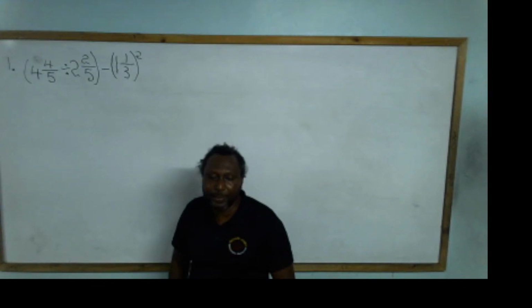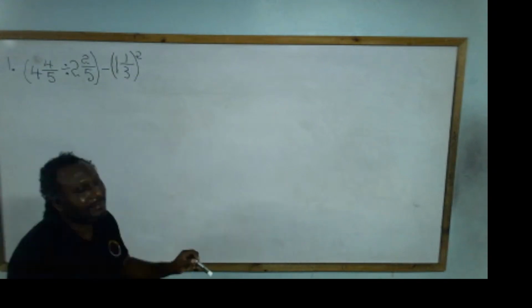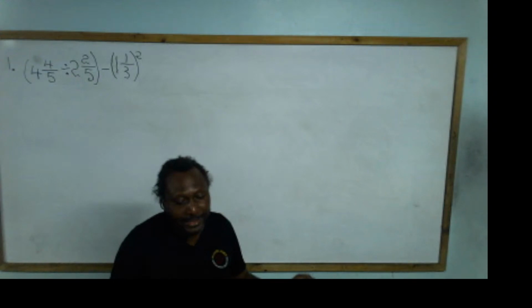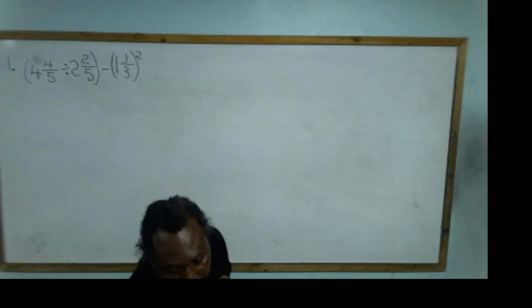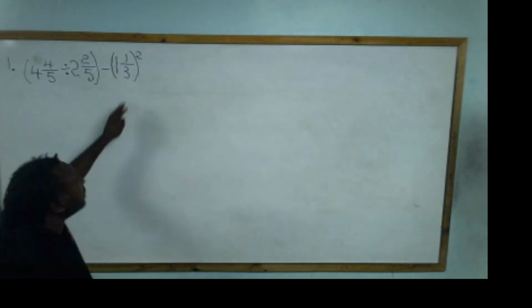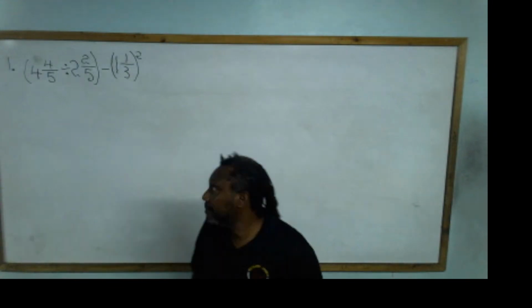For example, if I tell you to square 1 1/3, I will hear some hilarious answers. But if you convert this to an improper fraction, then squaring it is quite simple and straightforward. So let us go for improper fractions.